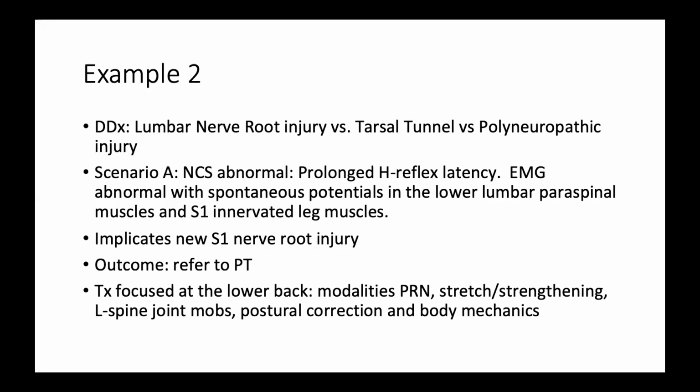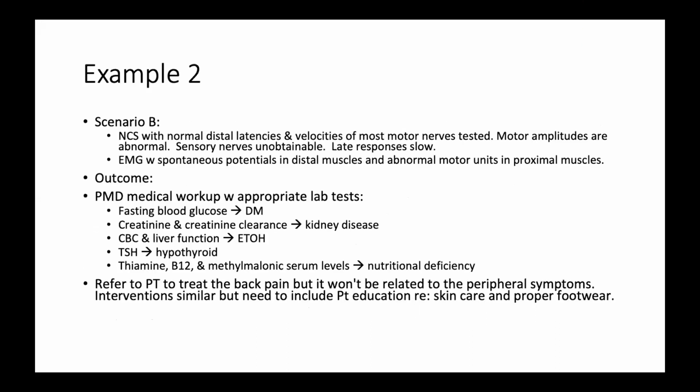That's one possible scenario. The other possible scenario, which is what actually happened with this patient, since scenario A was made up, is scenario B. This patient had normal distal latencies and velocities of the motor nerves, but the amplitudes of the motor nerves were all reduced. All the responses were very low amplitude.